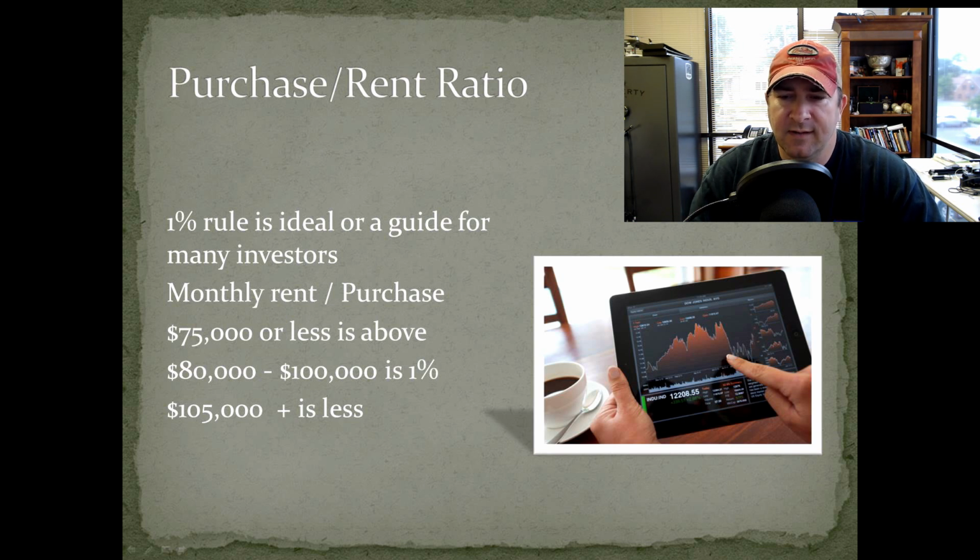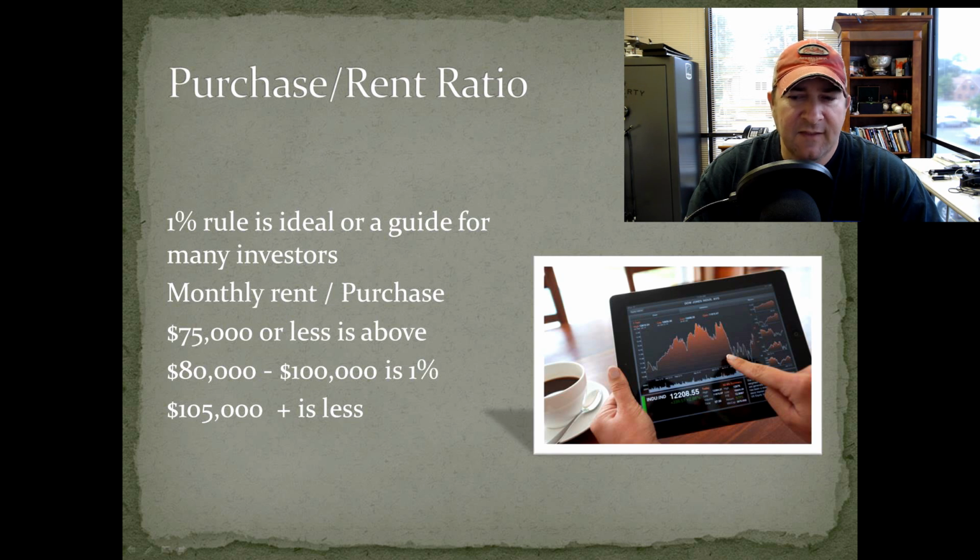I have noticed that for properties purchased around the $75,000 range or less, it's not difficult to achieve the 1% rule. A house that you might buy for $75,000 could maybe have $750 to maybe $800 in rent. It just depends.